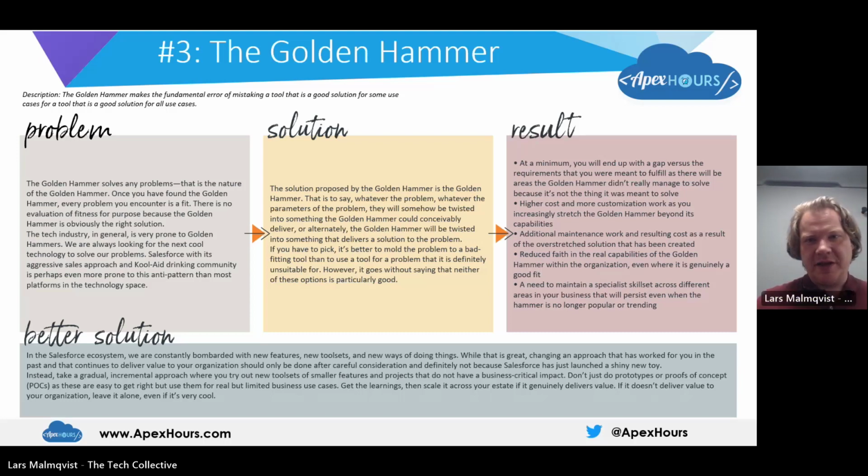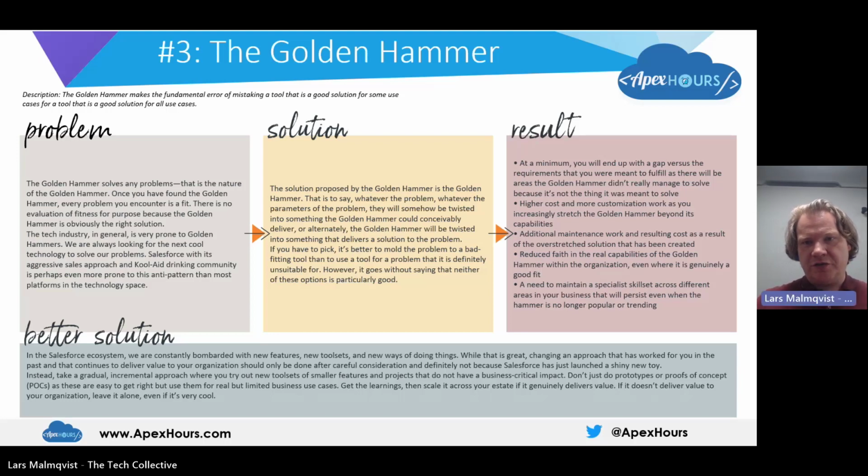So there are better ways to approach technology adoption. And my general advice is to be quite conservative about adopting new tools and technologies at scale, right? You want to not jump on the bandwagon. You want to test things out gradually, implementing things in smaller projects, getting the learning.